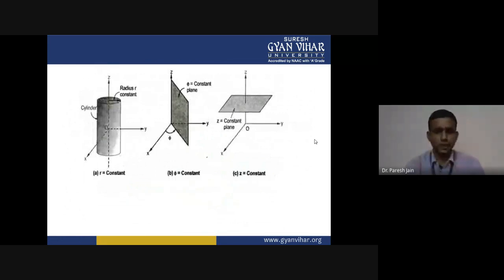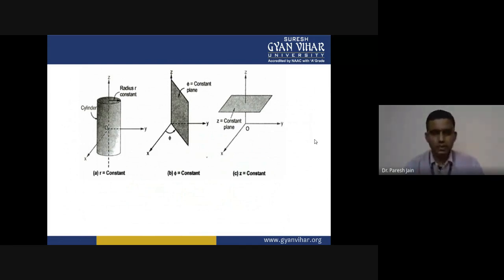This figure shows that r is constant. Figure A shows that r is constant. Here r is given by the radius of the cylinder. R is constant with respect to z, and z is the axis.